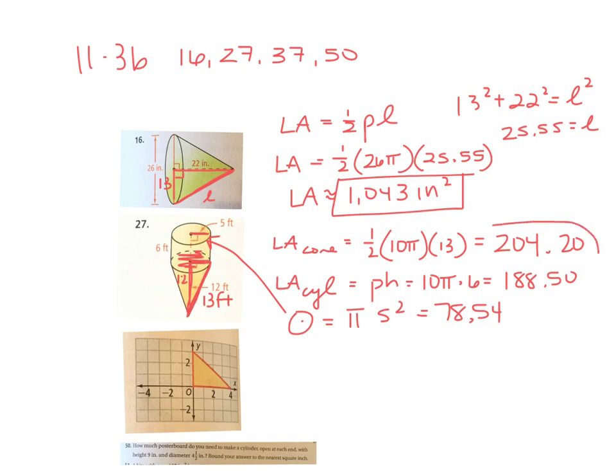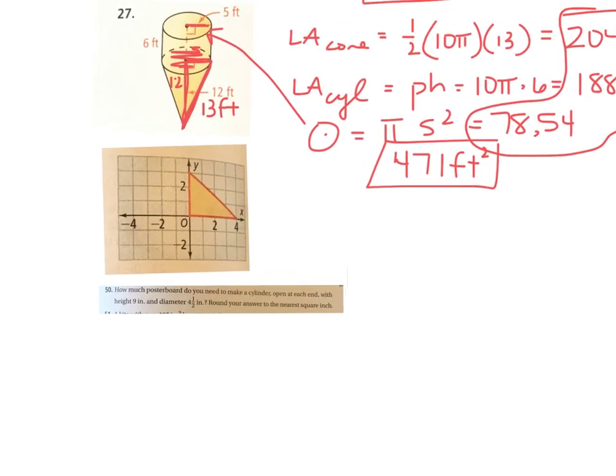Okay, so your surface area is all of these added together. 204.20 plus 188.50 plus 78.54. And you get, to the nearest whole number, 471. That would be square feet.